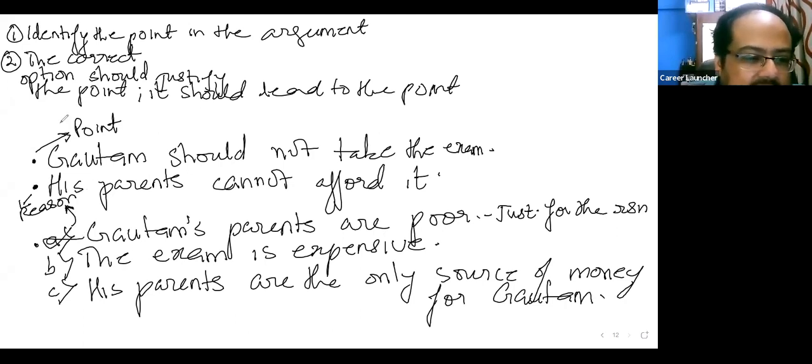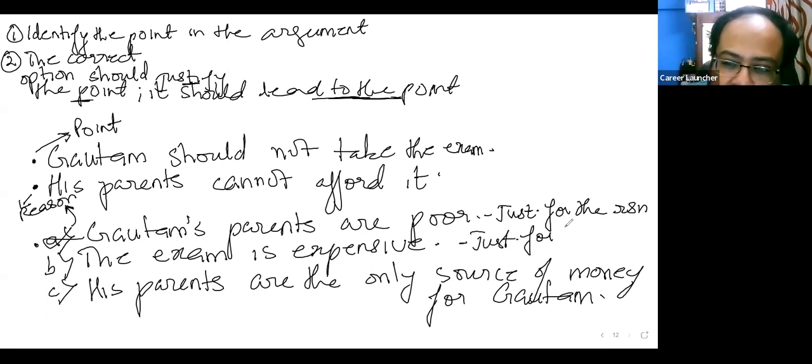Why? Because assumption will always justify the point. Assumption will lead to the point. So option A cannot be the assumption. Similarly, please note that the second option, the exam is expensive, is also a justification for the reason.